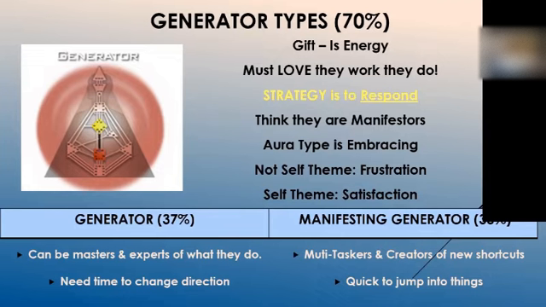An example of that for a generator is that when you're doing something that makes you happy and lights you up, it feels like joy. It feels as if you could do it all day long and it doesn't even feel like work.